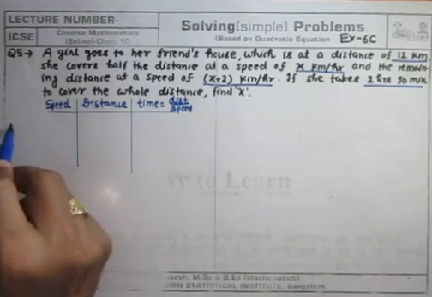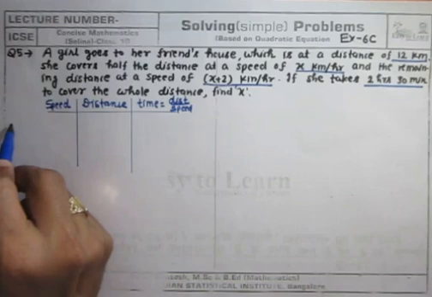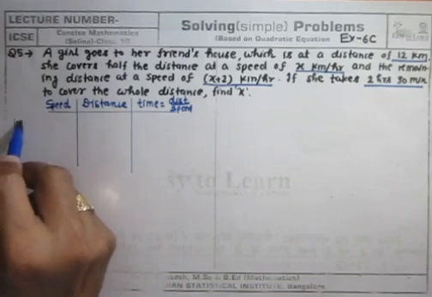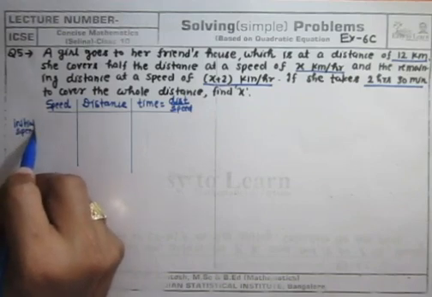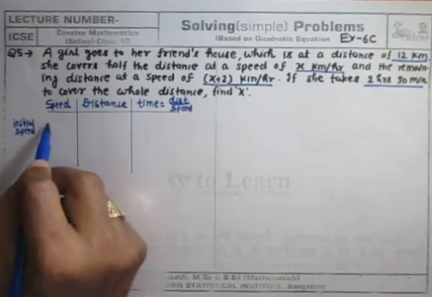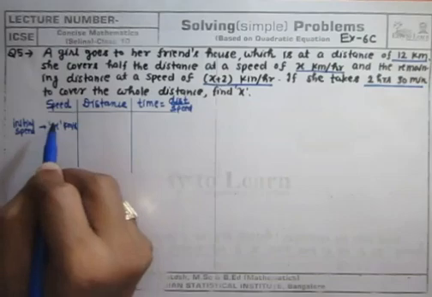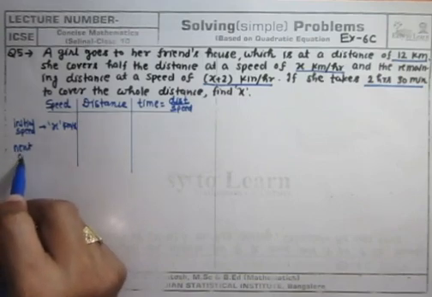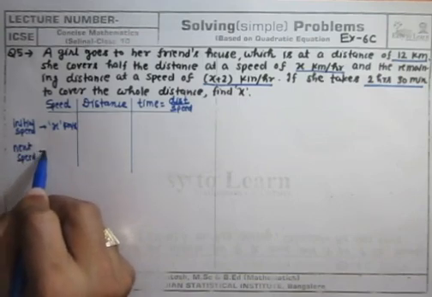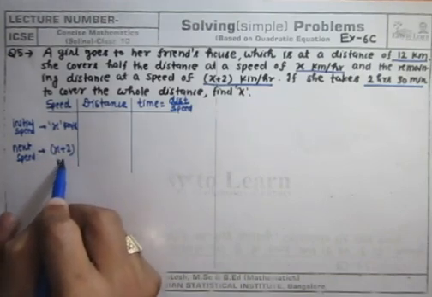So the initial speed for the first half distance is x kilometer per hour. Unit will be kilometer per hour, and then the next speed for the other half distance is x plus 2 kilometer per hour.